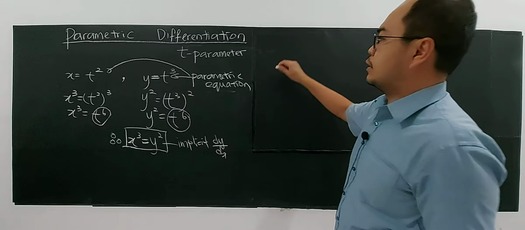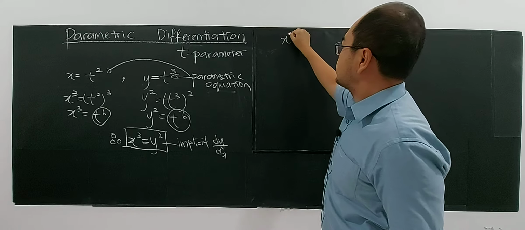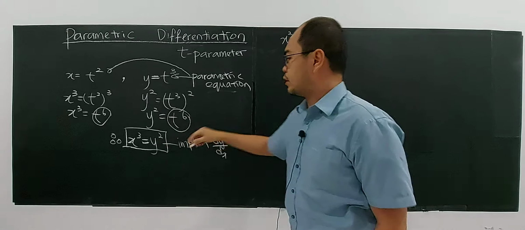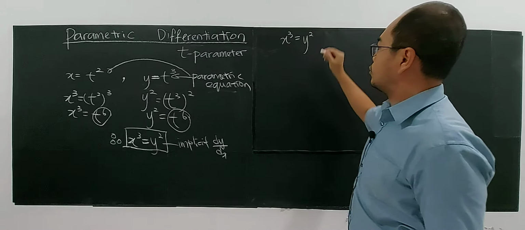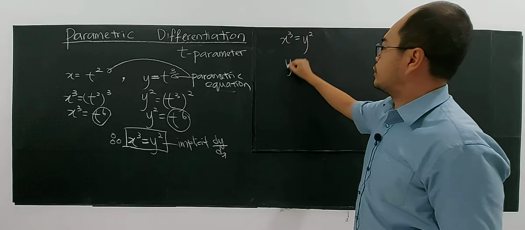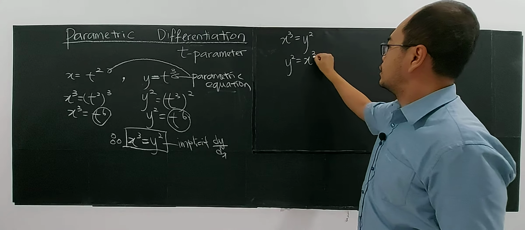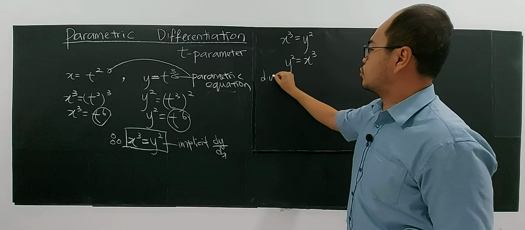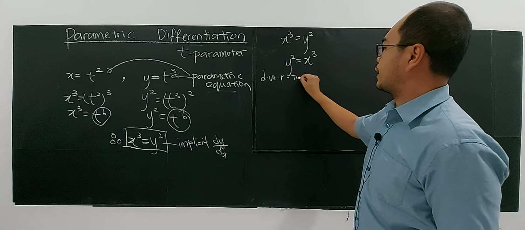So for example, if I have x cubed equals y squared, we can differentiate this with respect to x, or I can rewrite it as y squared equals x cubed and differentiate the whole thing with respect to x.